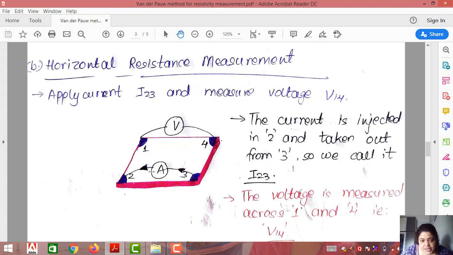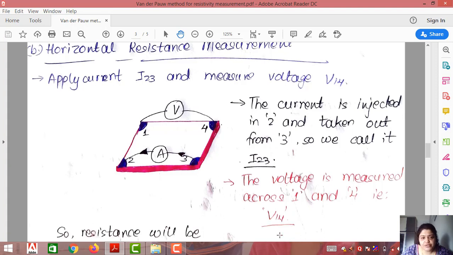In the diagram I have shown that current is injected through 2 and taken out through 3. So the current will be I23 and the voltage we measure we will write as V14. The voltage is measured across 1 and 4.